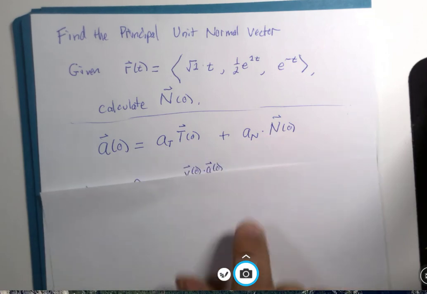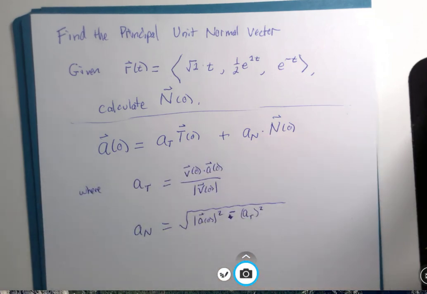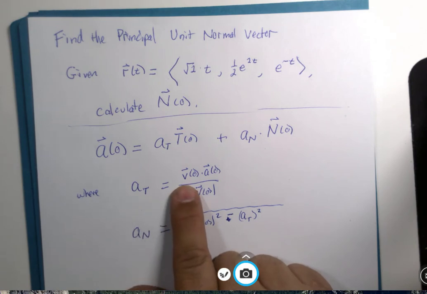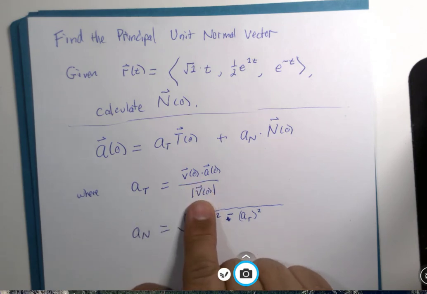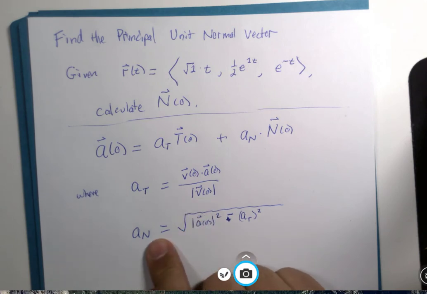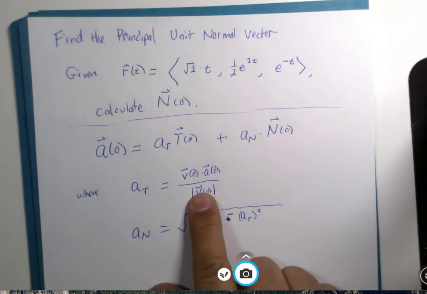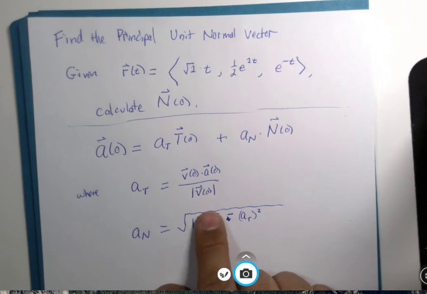I've also given you, without explanation, the unit tangent vector scalar: velocity dot product acceleration over magnitude of velocity, and this scalar that goes with the normal vector: acceleration's magnitude squared minus this constant squared, all in the root.